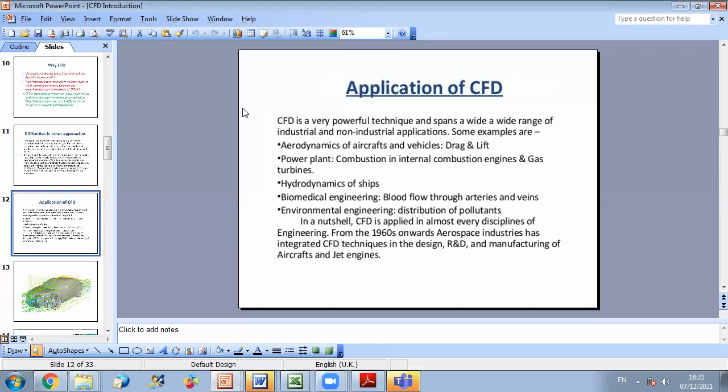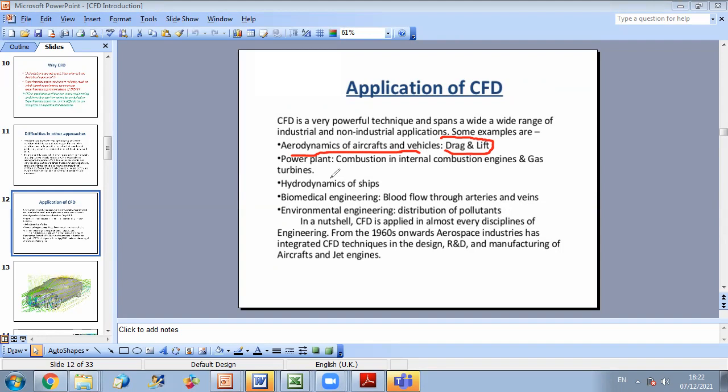Now we will go over some very important applications of CFD. CFD is a very powerful technique and spans a wide range of industrial and non-industrial applications. So already we talked about aerodynamics of aircraft, of cars, etc. So you can compute drag and lift acting on them. You can also study, for example, combustion in internal combustion engines. So you can study the combustion process.